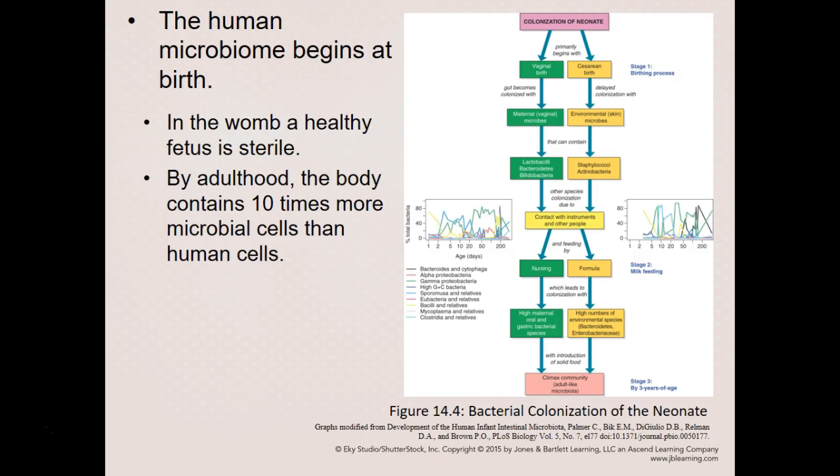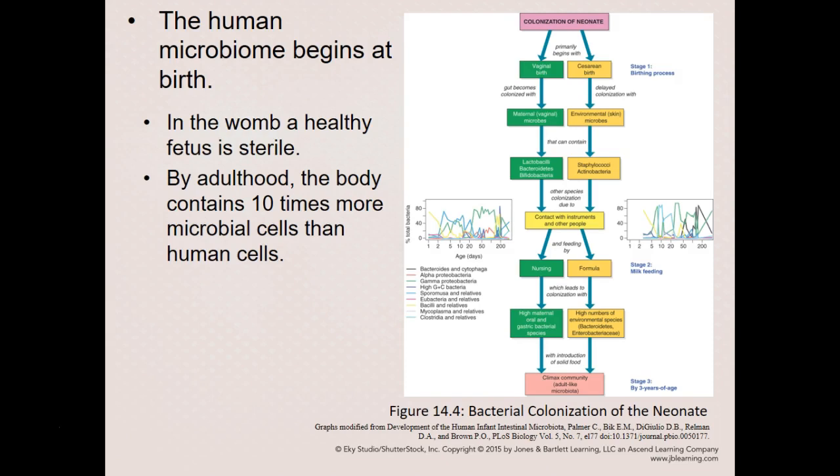So we start out with a very small amount of bacteria depending on how we were born. If you have a vaginal birth, you're going to get gut bacteria relatively soon. If you have a cesarean, then you're not going to get your gut bacteria until a few weeks in.